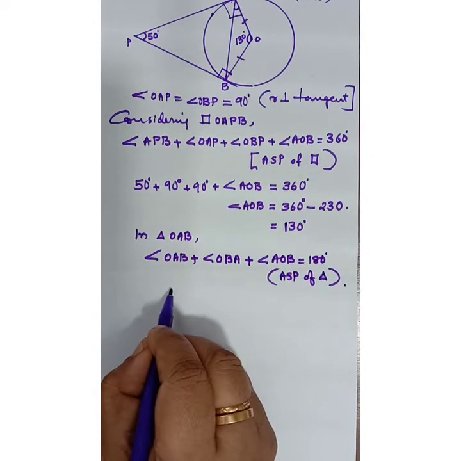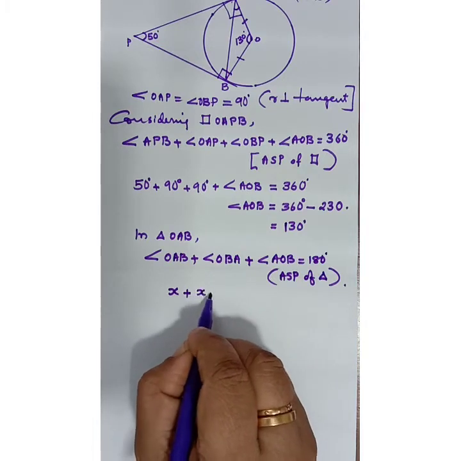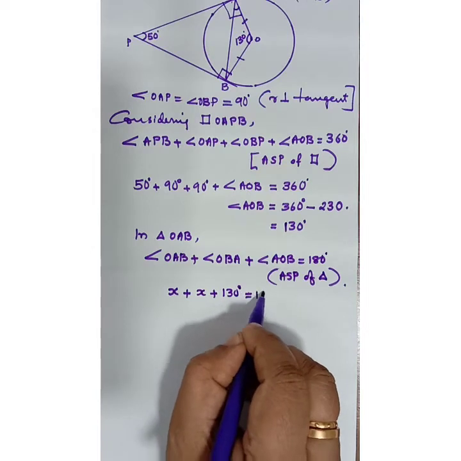When you write it completely, not in short form: let us take angle OAB as x, plus angle OBA also as x, plus angle AOB, 130, equal to 180.